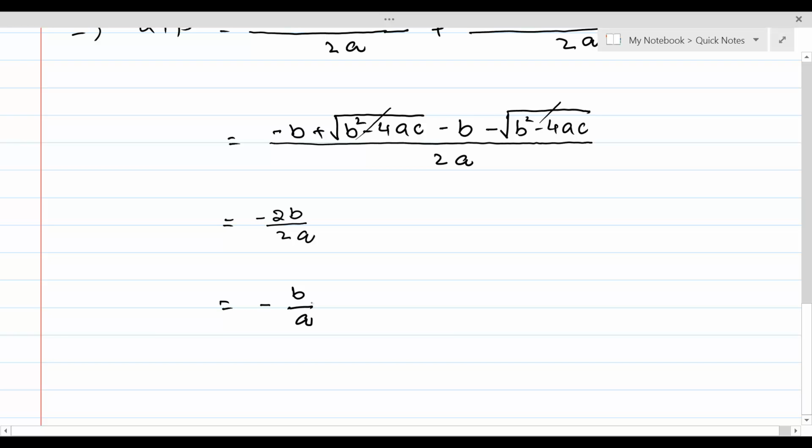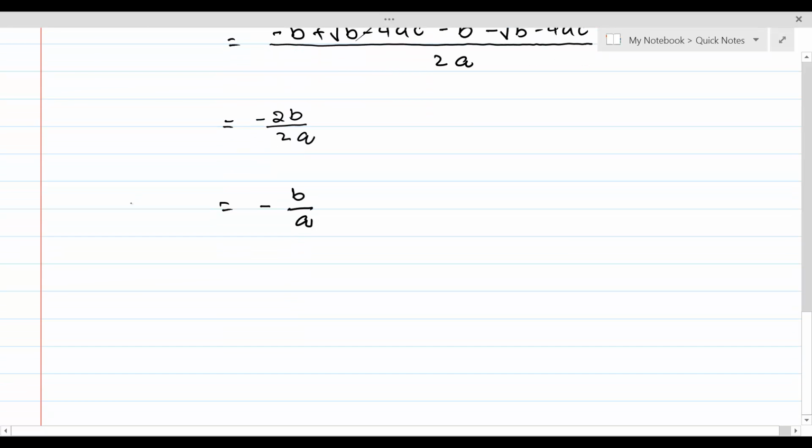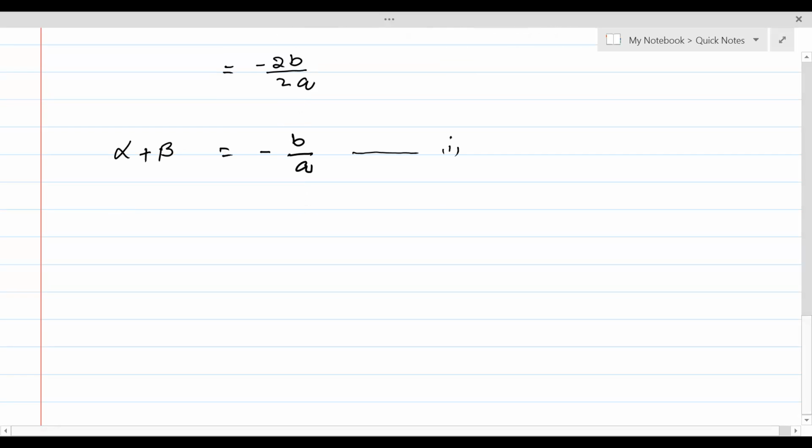It means for any quadratic equation, the sum of roots is equal to minus b over a. So if alpha, beta are the roots of a given quadratic equation, then alpha plus beta is equal to minus b over a. Remember this formula because we are going to need it a lot while solving problems related to these equations.